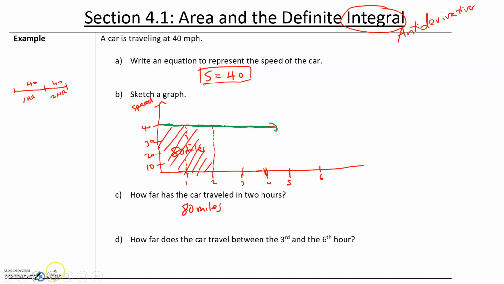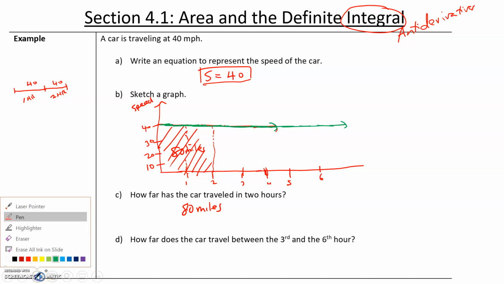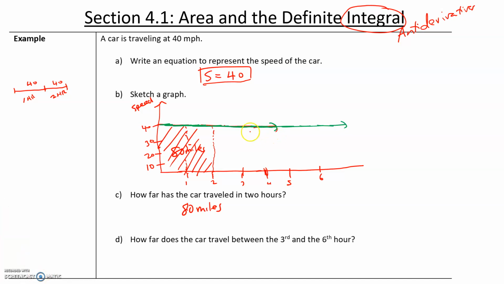So this car is going to keep going. Between the 3rd and the 6th hour, it's going 1, 2, 3 hours, and it's going 40 miles an hour. So we get 40 plus 40 plus 40, which is 120 miles.